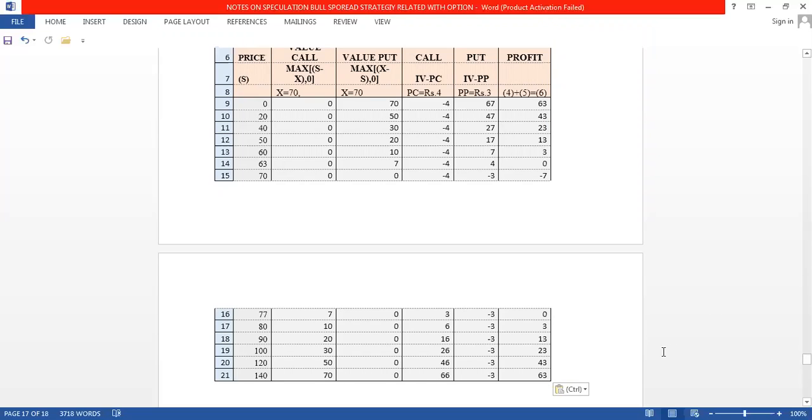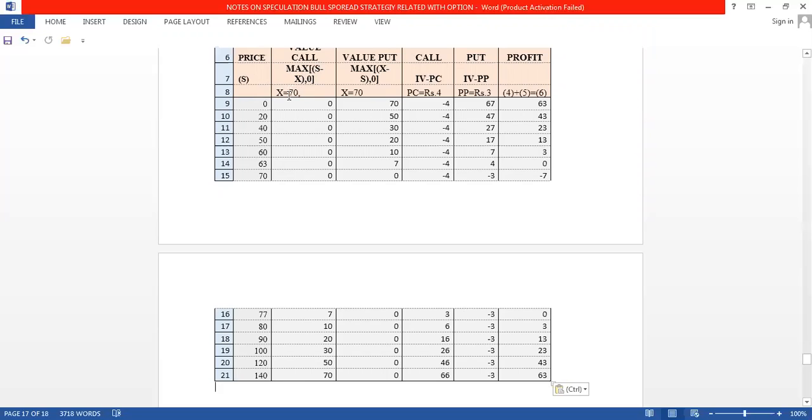So, on the basis of that, now we are calculating intrinsic value of the call in our second column. Intrinsic value of the call, as already we have mentioned, the formula is max S minus X comma 0. S means the figure of first column.